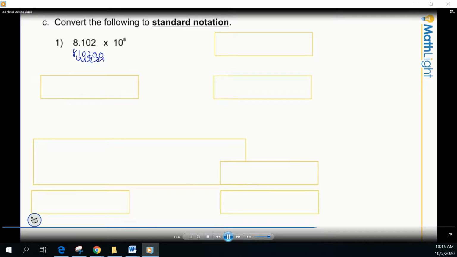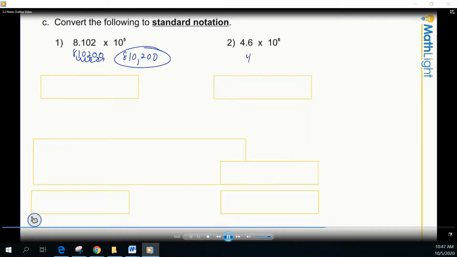So I'm going to rewrite this in proper notation. It's 810,200. The decimal point has to move 5 places to the right, and you'll need 0 placeholders if necessary. So 4.6 times 10 to the 8th. Now on this one, you're going to need a lot of 0 placeholders.